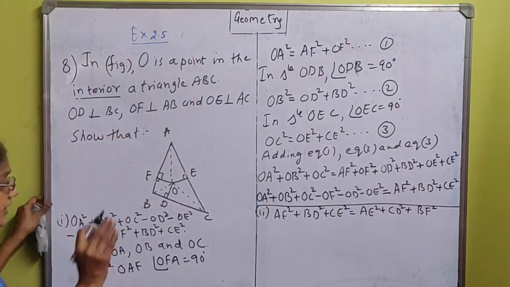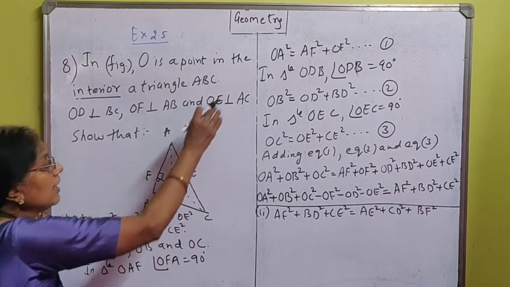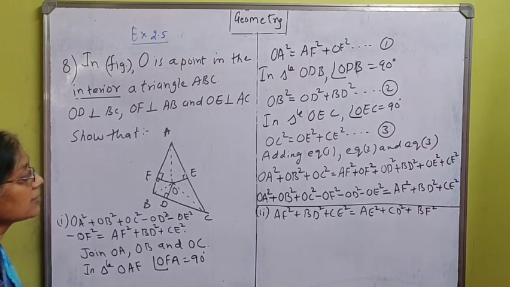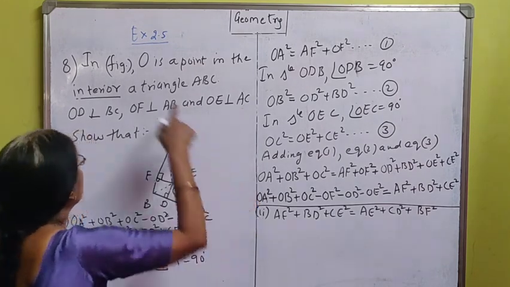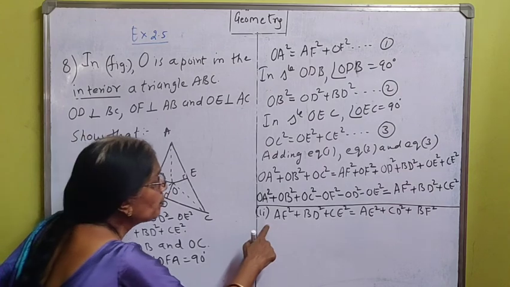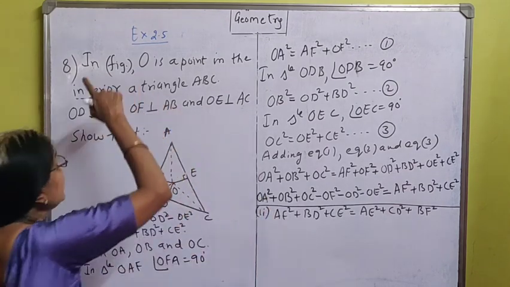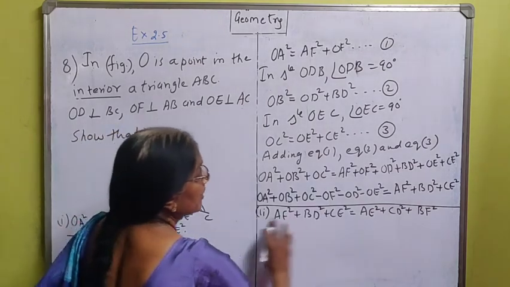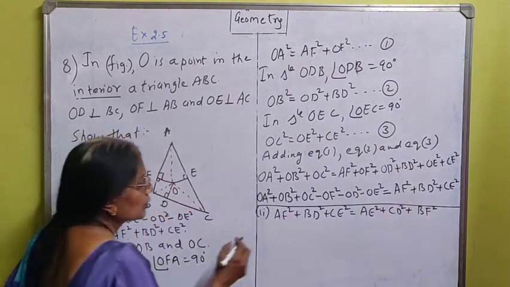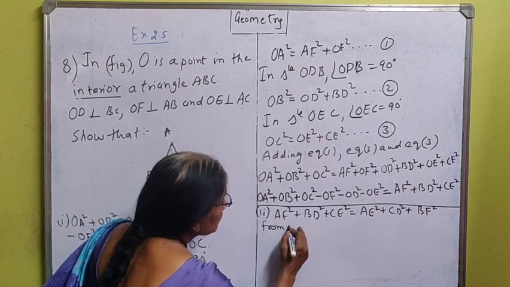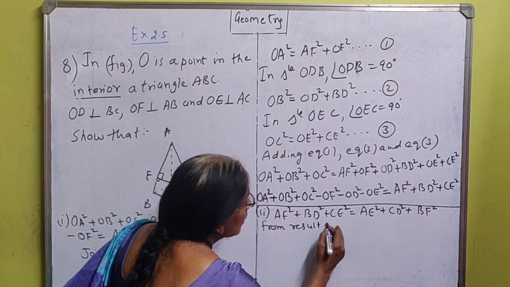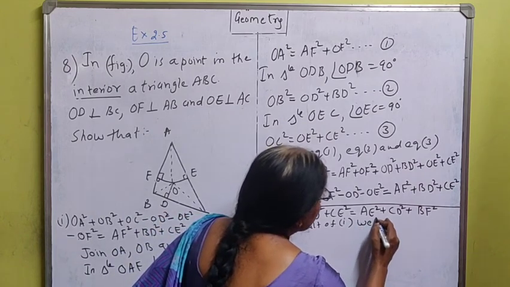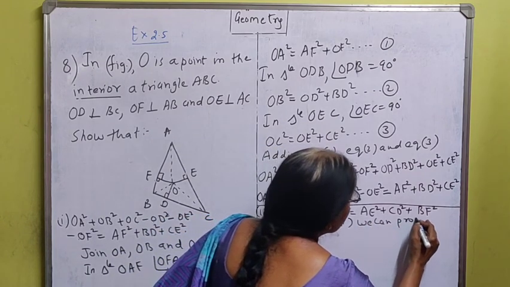It is very easy to prove, and in this sum the first and second we have to take together, because the result of the first sum in 8th one will help us to prove the second sum in 8th one. So what is the result? Again I am going to write down the result over here. From the result of the first, we can prove.